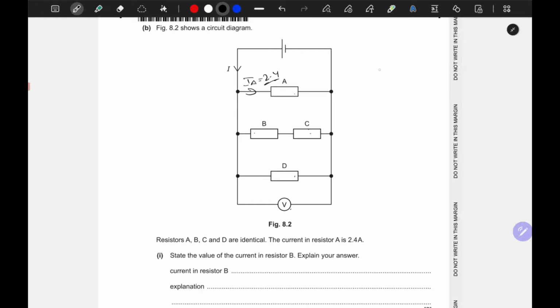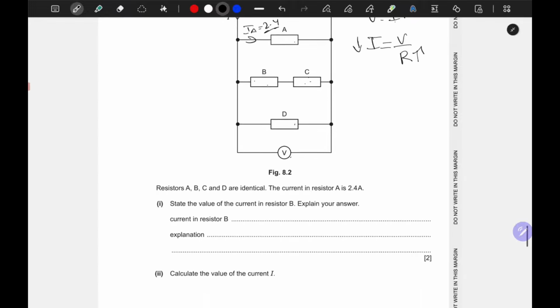We know V equals IR, and if we make I the subject, I equals V over R. So if R increases, I decreases. R doubled because of B and C, which means I halves.